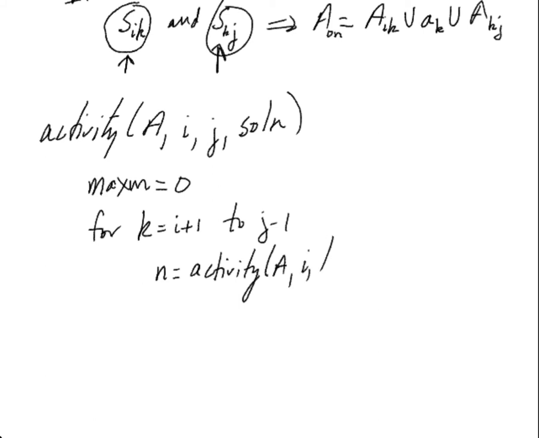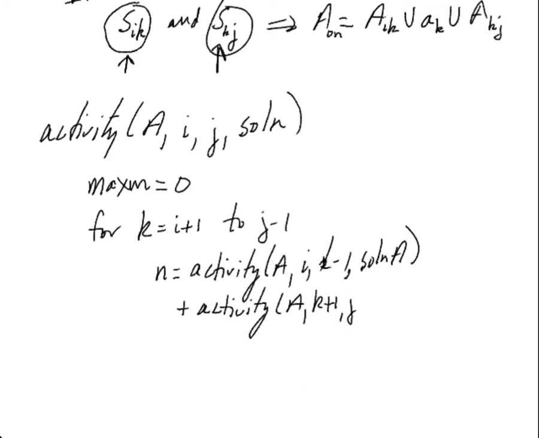We'll go from i to k minus 1, and we'll put that solution in solution A, plus call activity for the other subproblem. Now we go from k plus 1 to j, so on the right-hand side, and we'll put that into solution B. Plus 1 for A sub k.